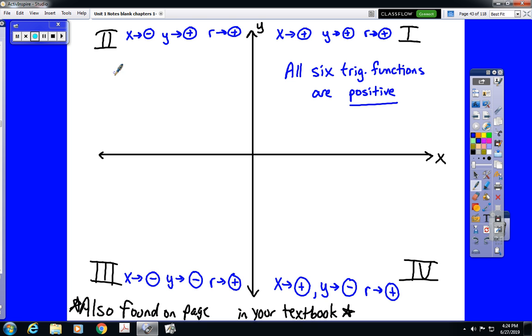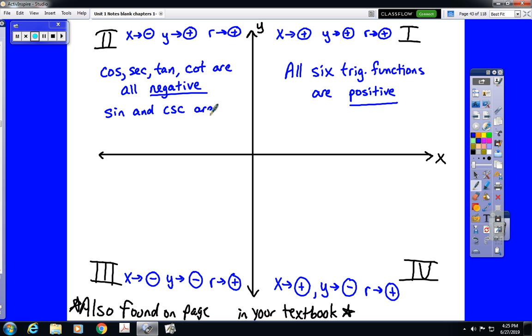So what we end up with is 4 of our trig functions, the cosine, the secant, the tangent, and the cotangent, are going to be either a positive divided by a negative or a negative divided by a positive, which makes those 4 negative values, and the sine and the cosecant will be a positive over a positive, so they will be positive. So in quadrant 2, the sine and the cosecant are positive, the other 4 are negative.